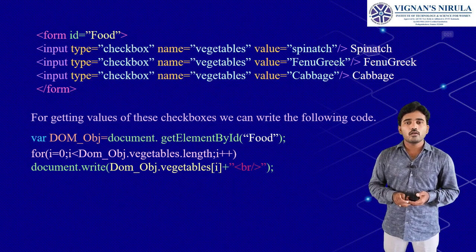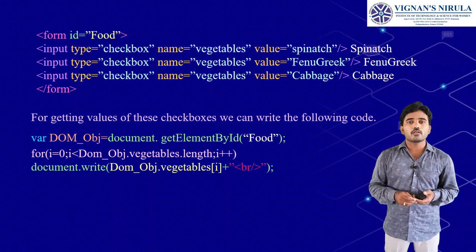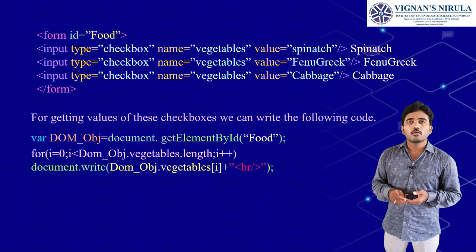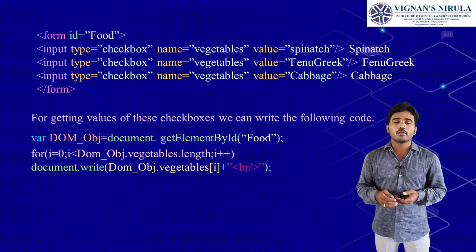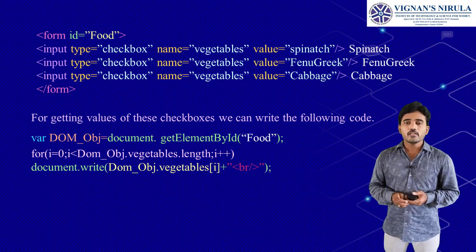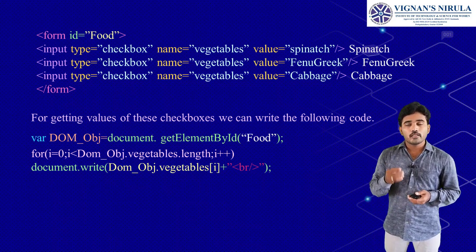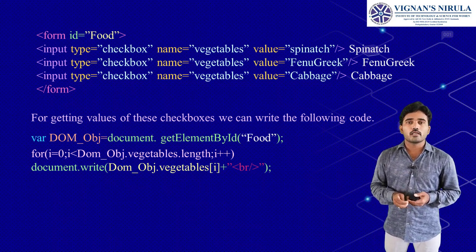Then document.write, we have written DOM object.vegetables[i] followed by a break, to display each and every vegetable on a new line. Understood? So this is another way to access an element in JavaScript by using the document object model. Understood? Thank you.